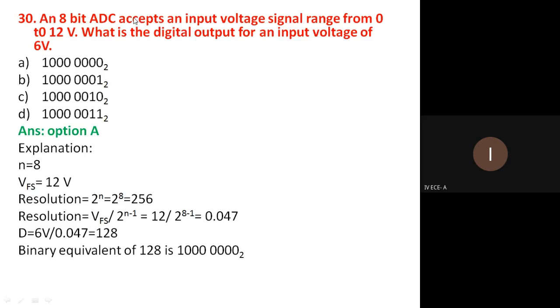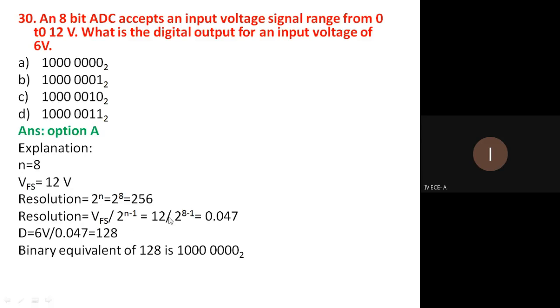We have to convert the values. The n is equal to 8, VFS is equal to 12 volt. N is the number of bits, that is 8, and VFS is 12 volt. Number of levels is 2 power n, so 2 power 8 is equal to 256. Resolution is VFS divided by 2 power n minus 1.